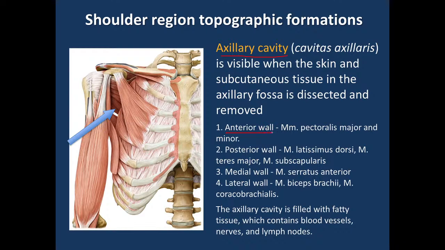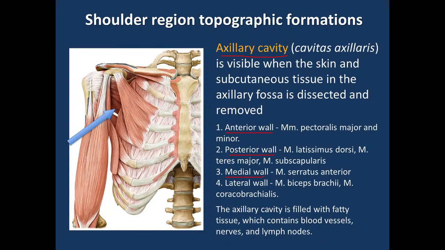The anterior wall is formed from pectoralis muscles, major and minor. The posterior wall is formed from latissimus dorsi, teres major and subscapularis.